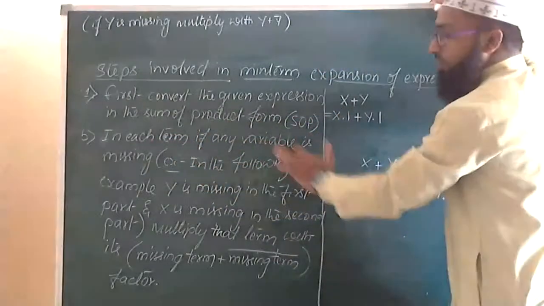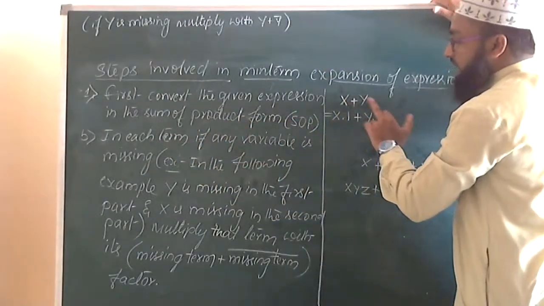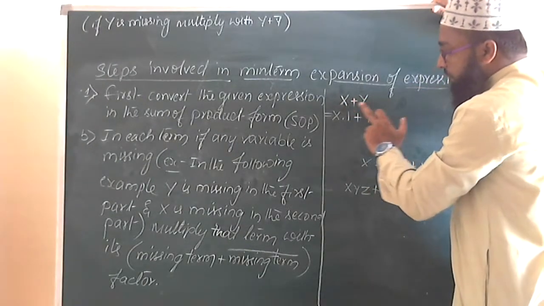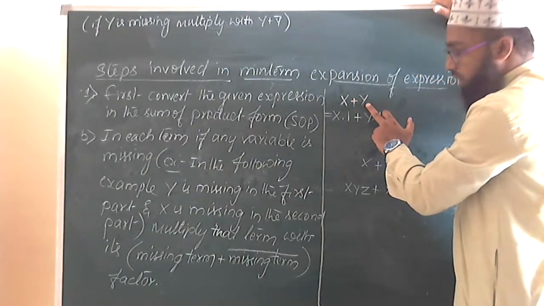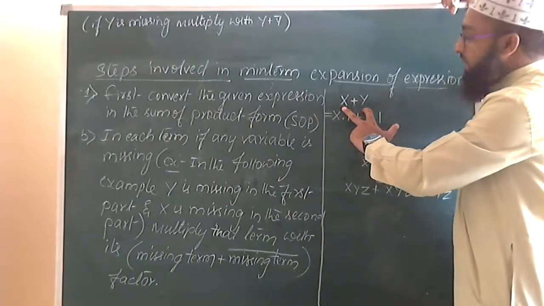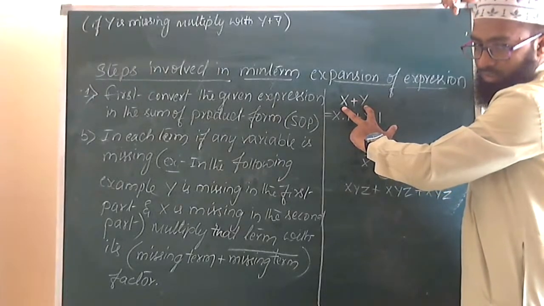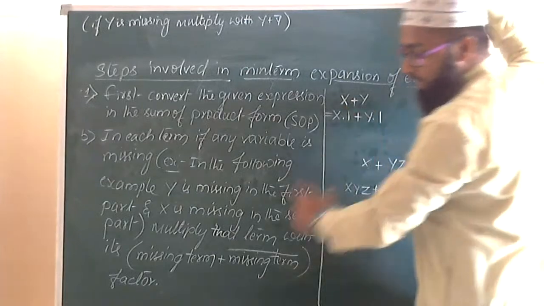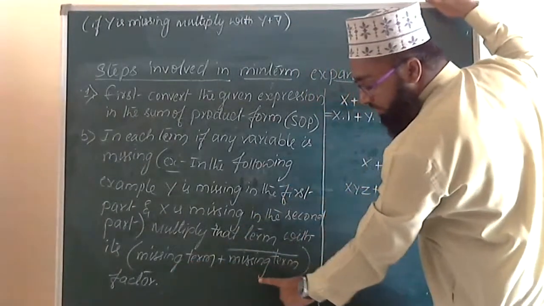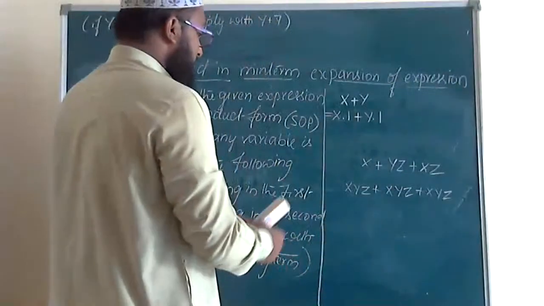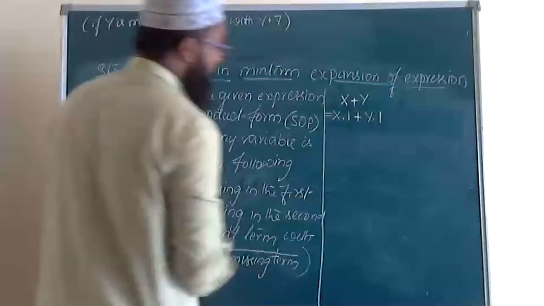In each term, if any variable is missing, here y is missing, here x is missing, multiply that term with its factor. Factor means missing term plus missing term bar.